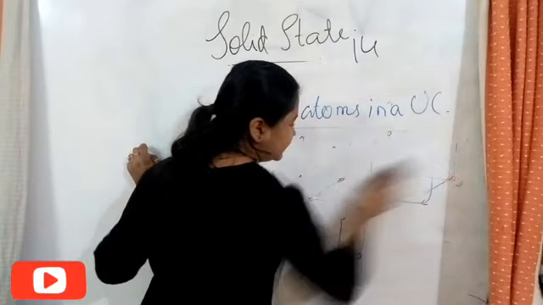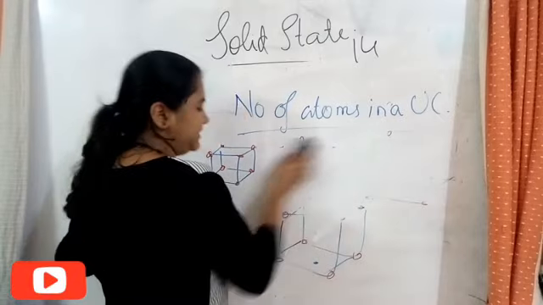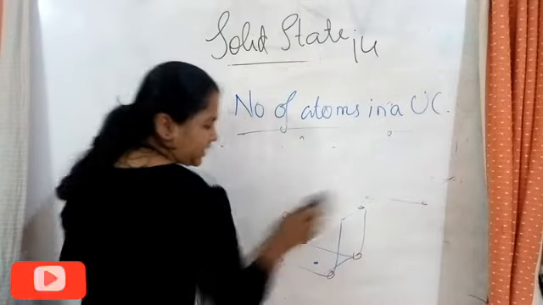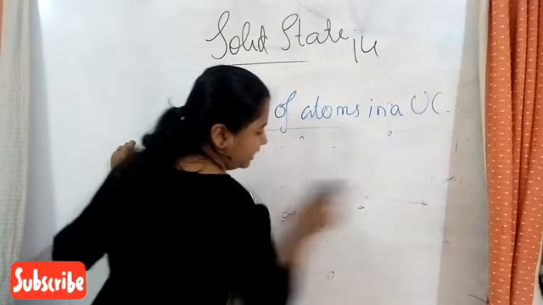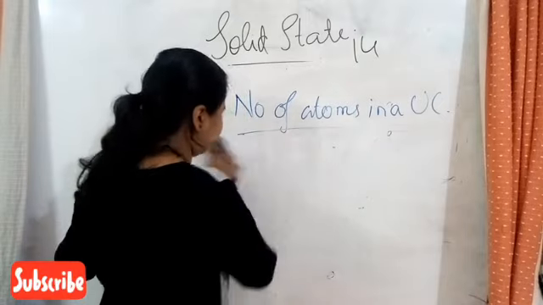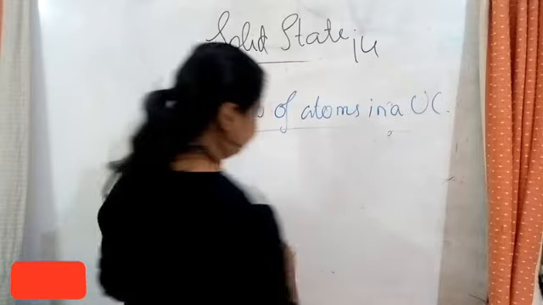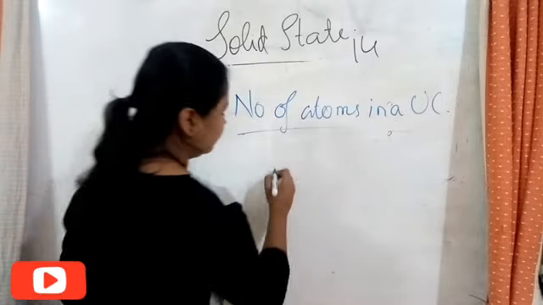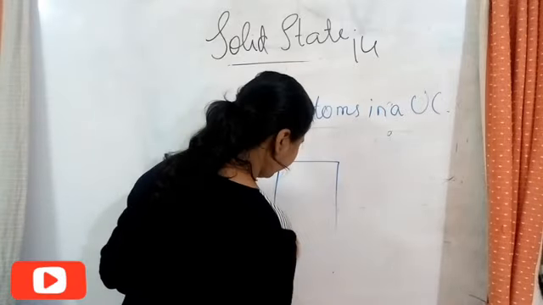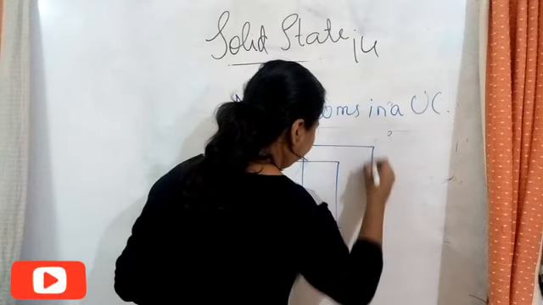The first explanation is going to be with the primitive unit cell, a simple cubic unit cell. Okay, what is that? Simple cubic unit cell. So let's see. I am drawing a cubic unit cell.